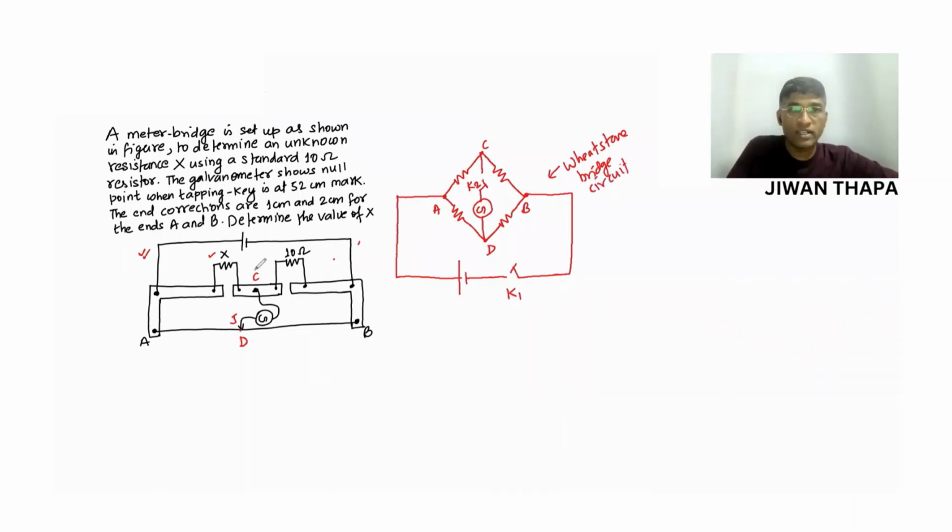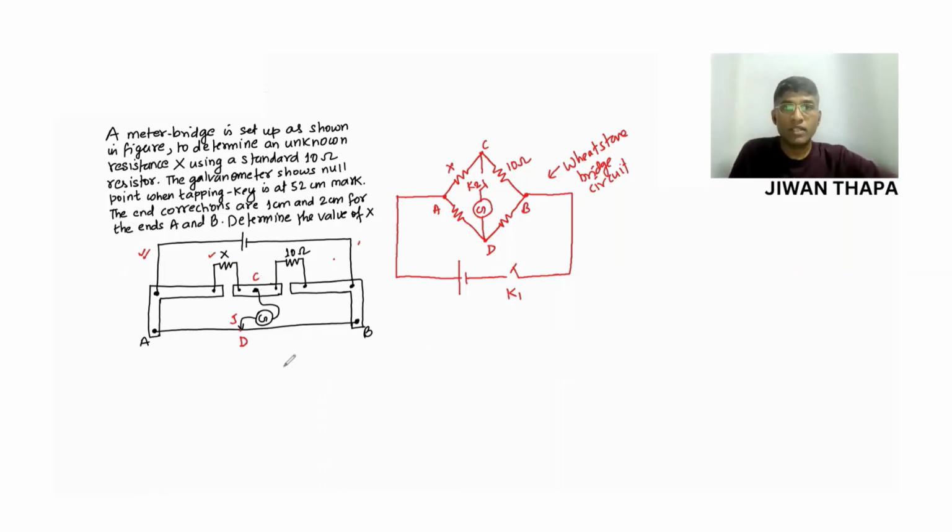So we find resistance X between A and C, and we have a standard 10 ohm resistor. So this is 10 ohm between C and B, and we have galvanometer between C and D.